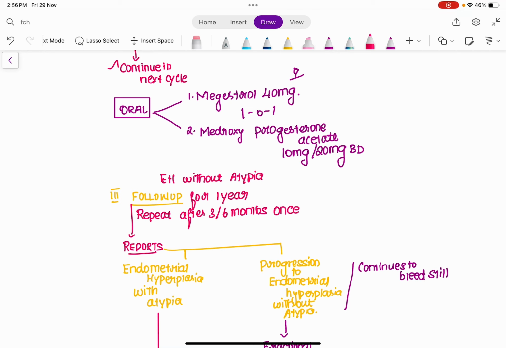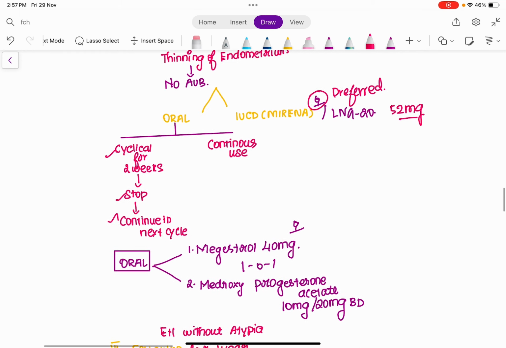And medroxyprogesterone acetate can be given somewhere around 10 mg to 20 mg, and it is also prescribed twice a day. So the oral options available are megestrol and medroxyprogesterone acetate, which are progesterones, and you give this progesterone either in a continuous fashion, or you ask the female to take it cyclically for around 2 weeks, then stop, and then continue it for the next menstrual cycle for around 2 weeks.